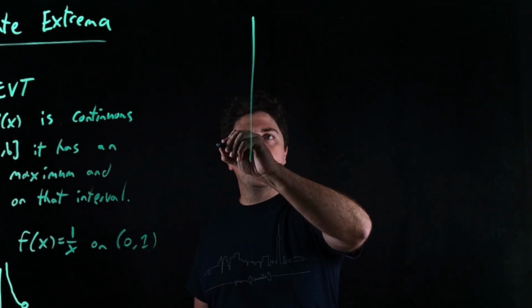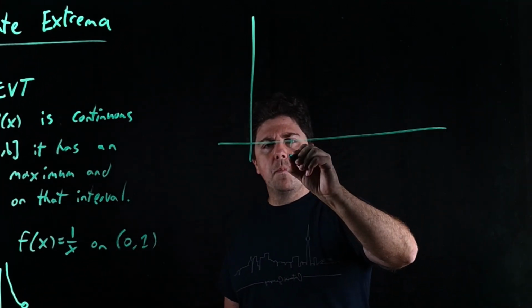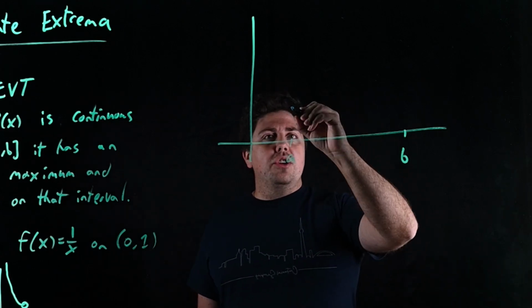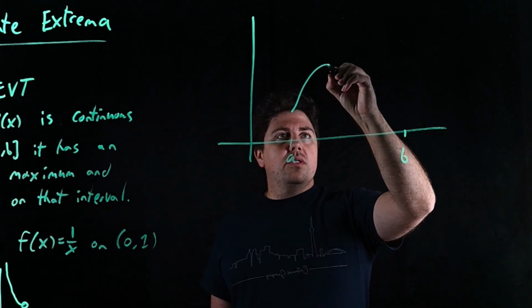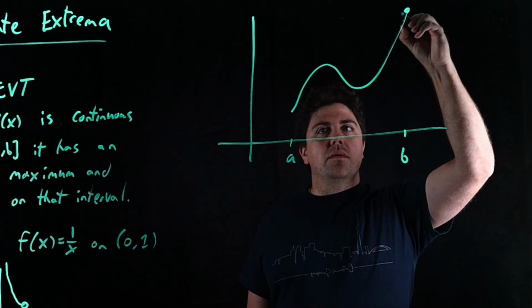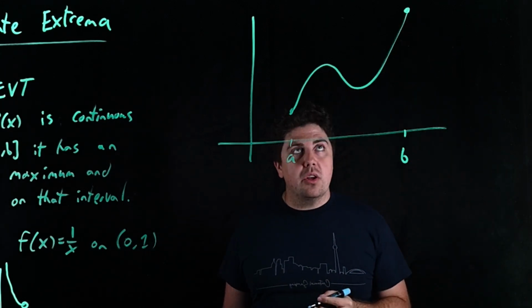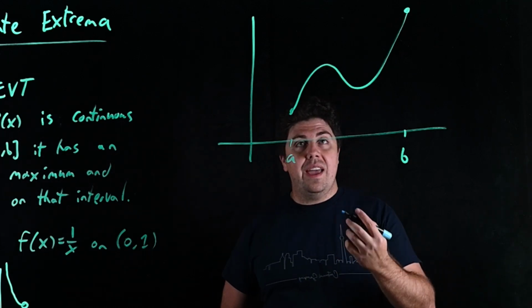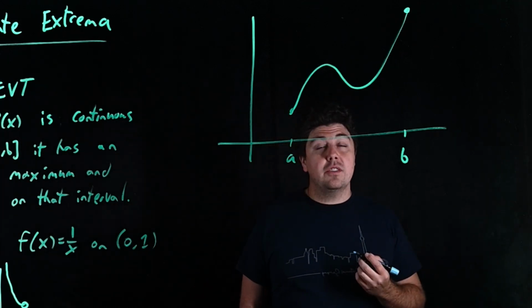So let's say we have a function. It's continuous on this closed interval here, and let's say the function looks something like this. So here, I think we can all agree this is a picture of a function that's continuous on a closed interval a up to b. So how does this function work?